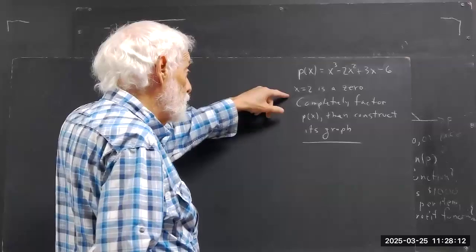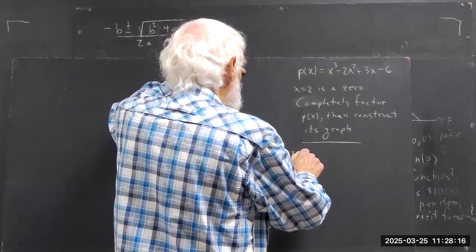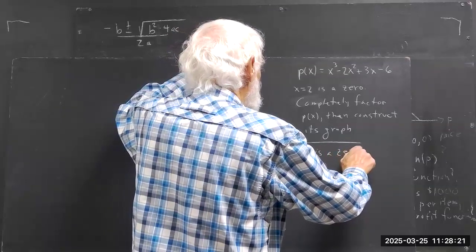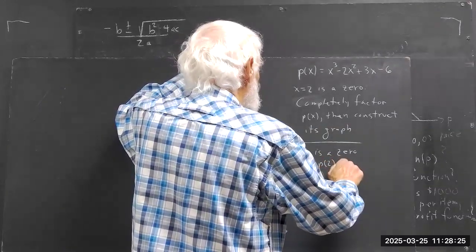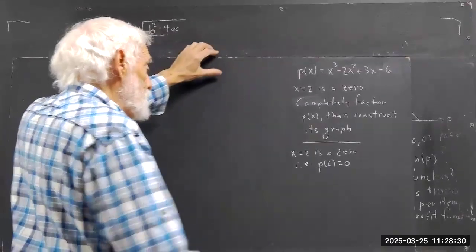Okay. So x equals 2 is a 0. P of 2 equals 0.